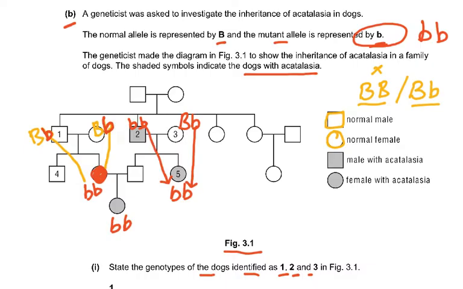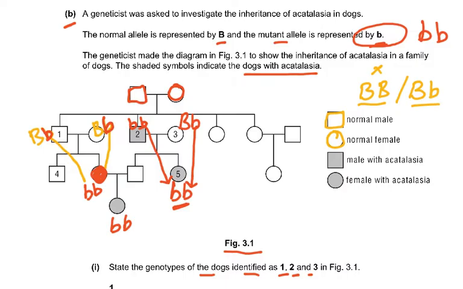You have to get one small b in order to have a child with small b, small b, then you have to have one small b coming from the male parent and 3 is the female parent. It's a circle. Circle shows a female parent and square shows a male parent.